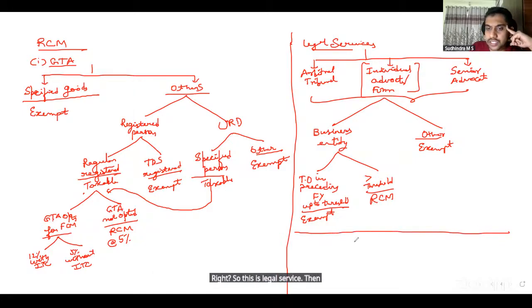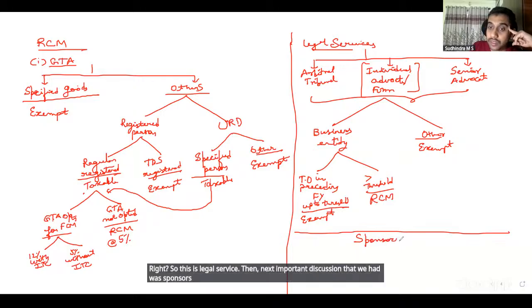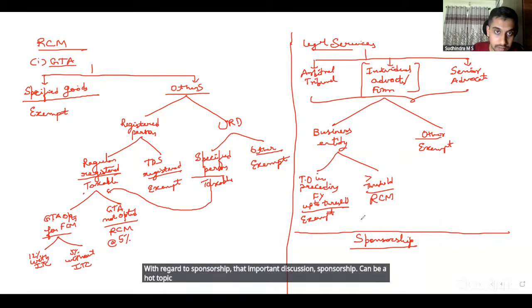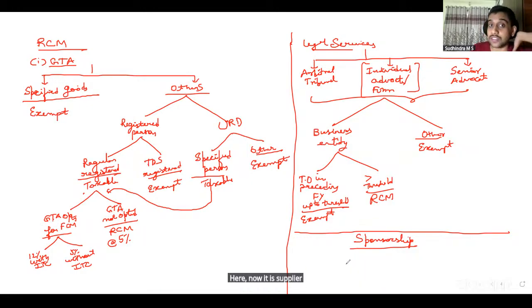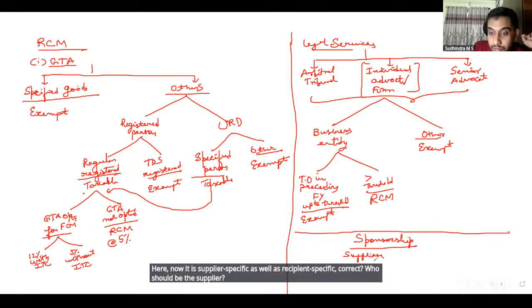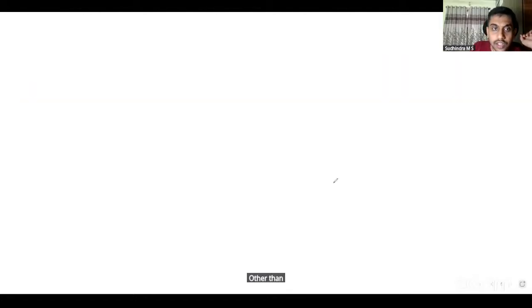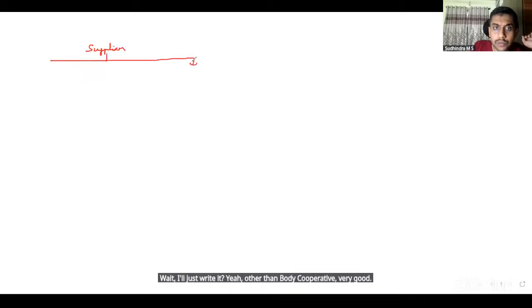Then the next important discussion was sponsorship. Sponsorship can be a hot topic in September exams because of that amendment. Now it is supplier specific as well as recipient specific. Who should be the supplier? Other than body corporate. If the supplier is body corporate, what happens?